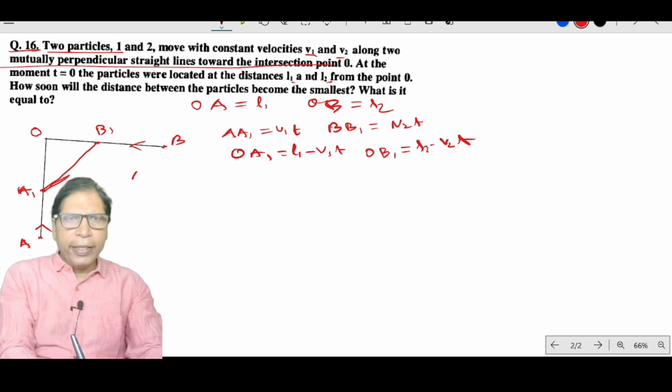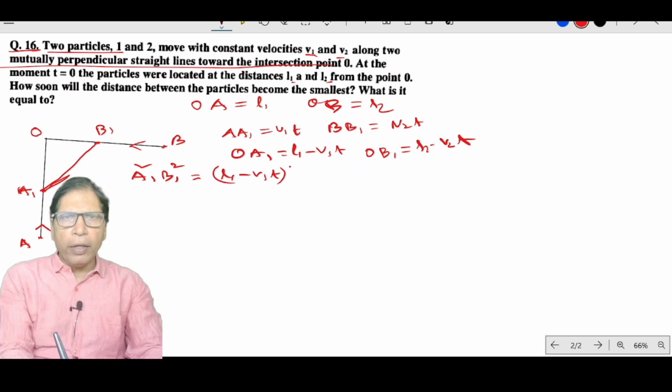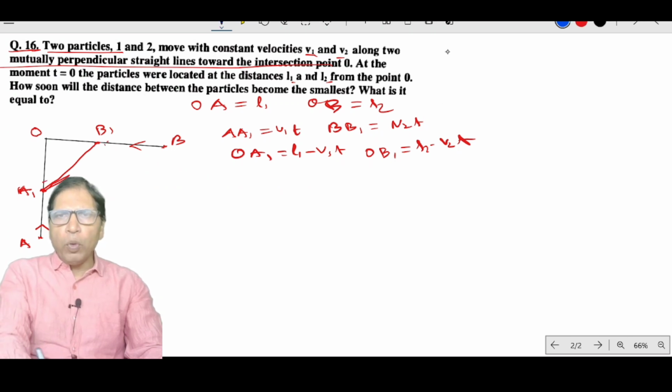So A1B1 square equals L1 minus v1t whole square plus L2 minus v2t whole square. Suppose A1B1 equals x.